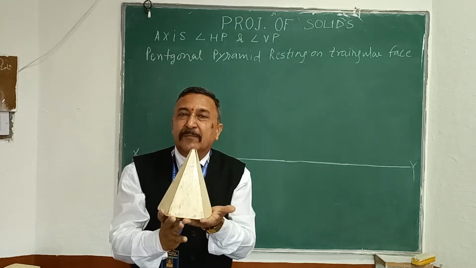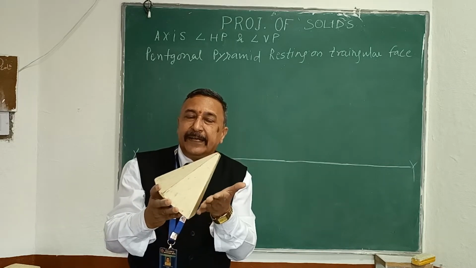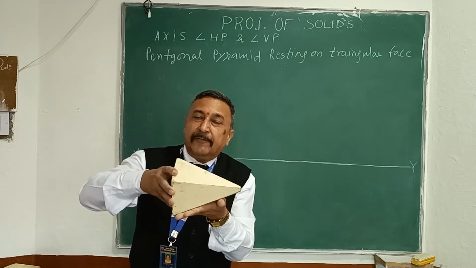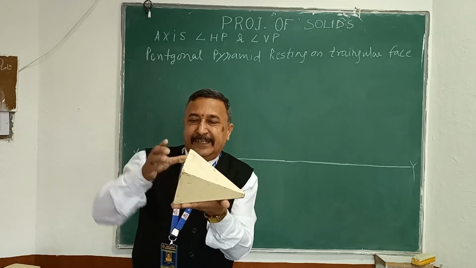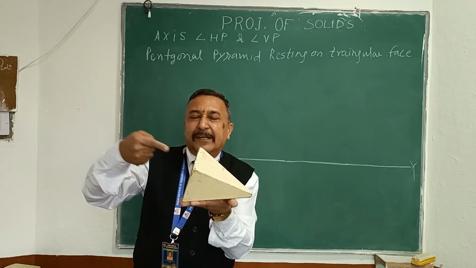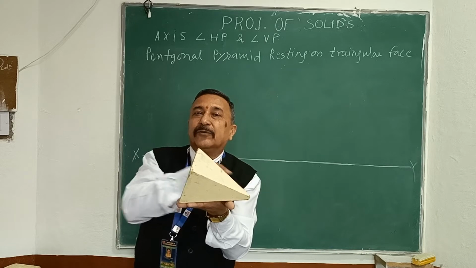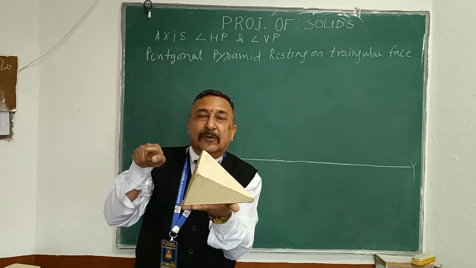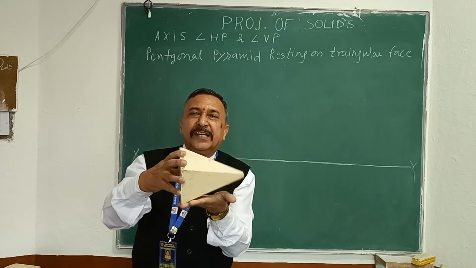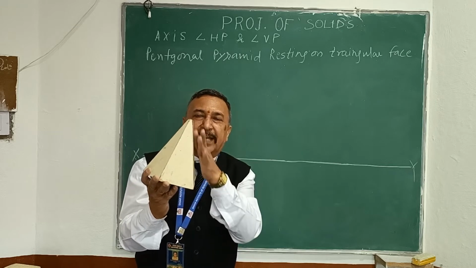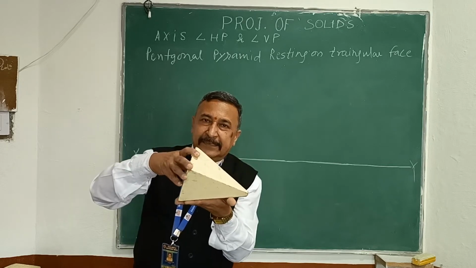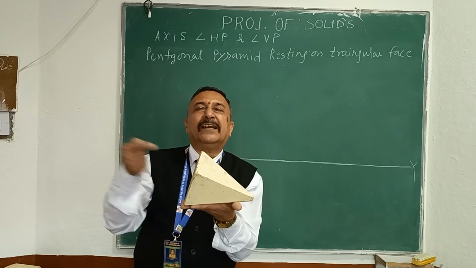Now when we completely lie the pyramid on a face, the axis is inclined to HP also. So when the position is given that the face is lying, it means the axis is inclined.